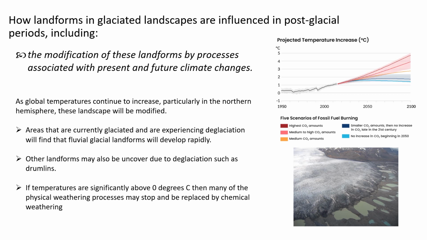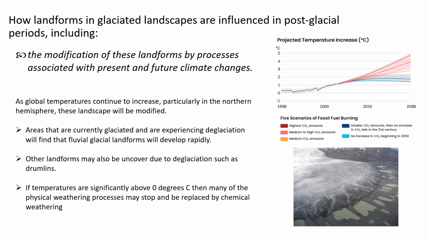So when some of our features like eskers and kames are developed, they are depositional, which means that if there was another ice age and ice was to produce bigger glaciers or bigger ice sheets that covered the areas with the eskers and kames, those eskers and kames would be modified. They might disappear from the landscape. But we can also find in the future that these might develop as well.